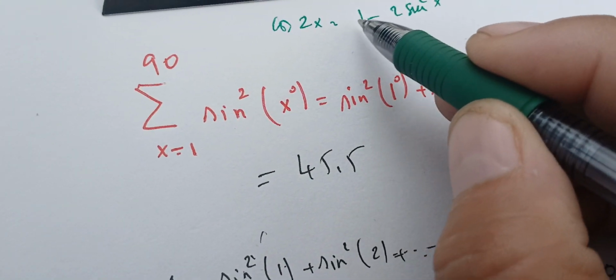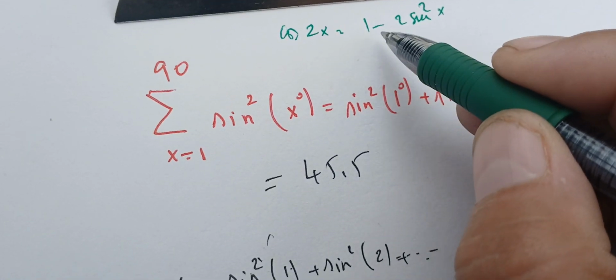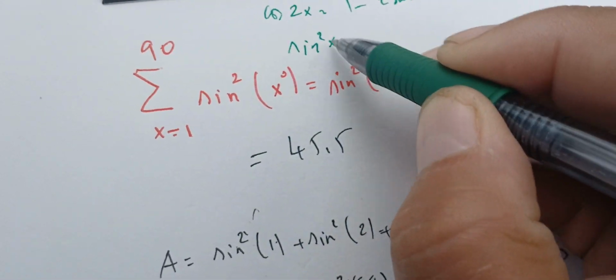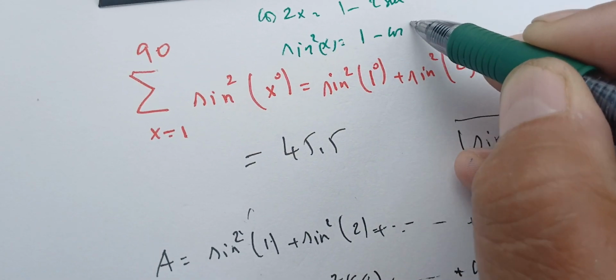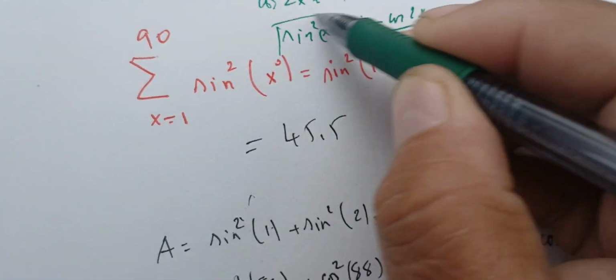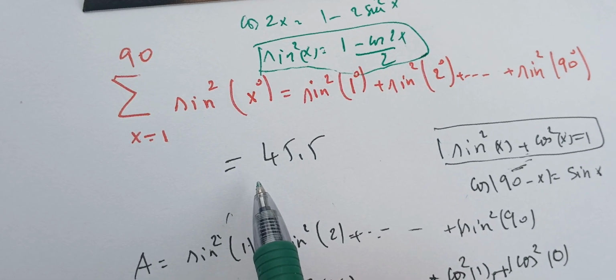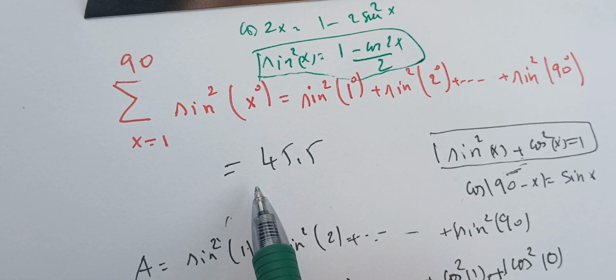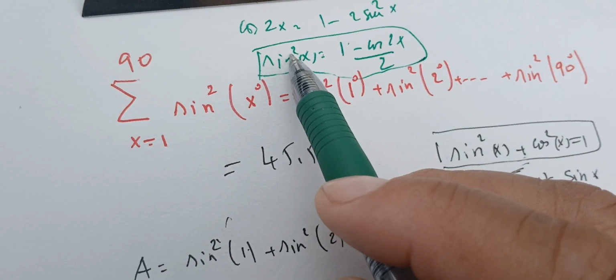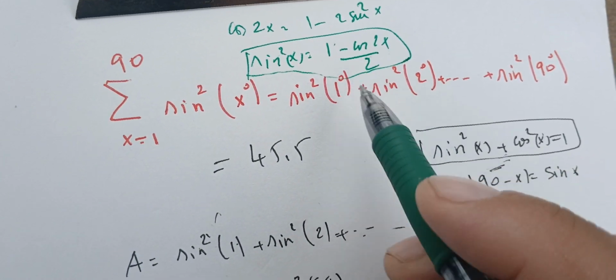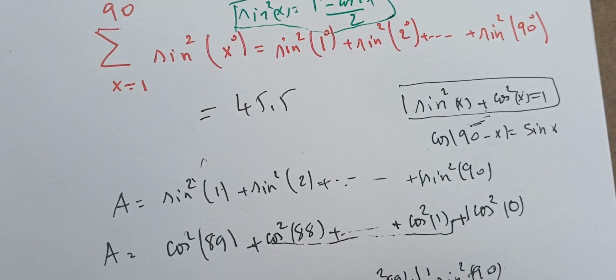Therefore, if I add minus 1 to both sides and divide by minus 2, I get sine squared of x is 1 minus cosine 2x over 2. When I get rid of the square, I can use this fact and solve it, and I will get the same result.